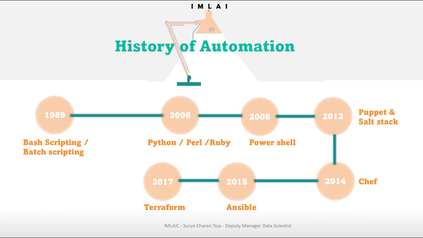Sure, Terraform also supports some other kinds of automation, but its specialization is in cloud automation. This is a little history, from a tool popularity perspective, of how automation has evolved from bash and batch scripting to today having Ansible and Terraform.